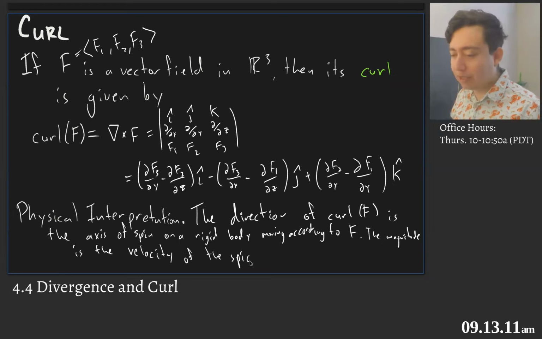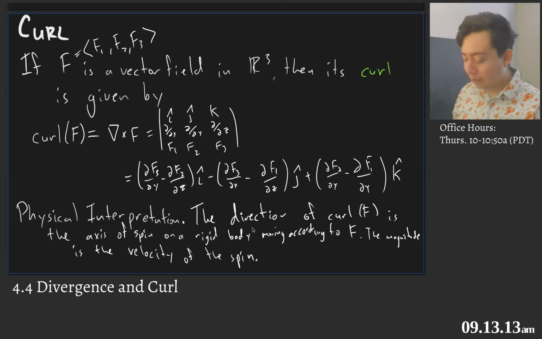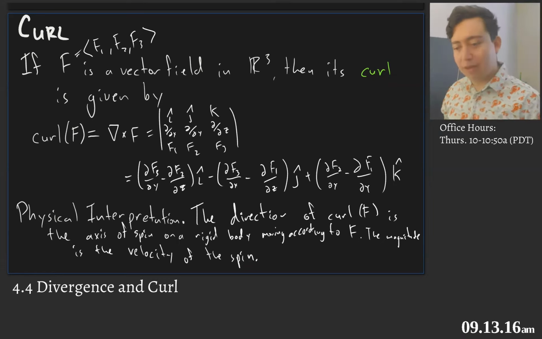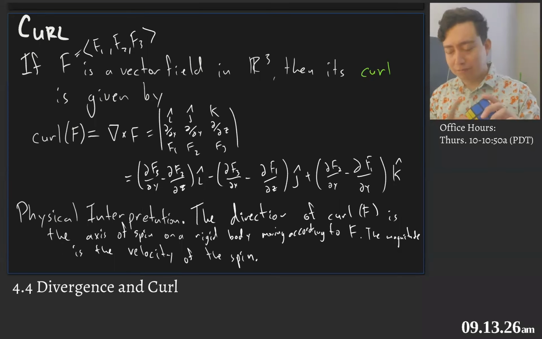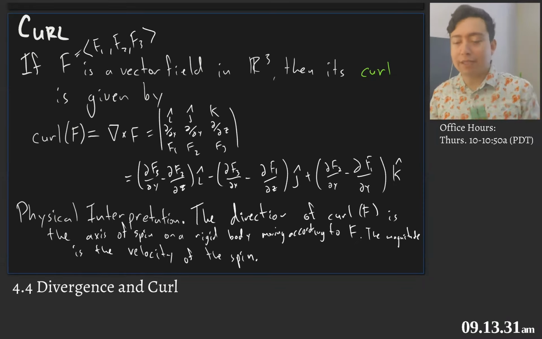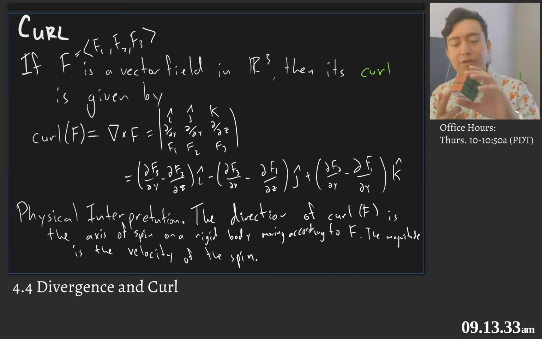I said velocity because spinning is one dimensional. All you have is the angle, the rate of change of the angle. But velocity can be positive or negative in that sense. So you can either spin in this direction or spin in that direction.